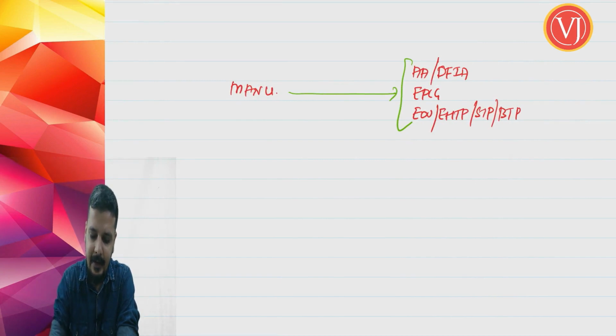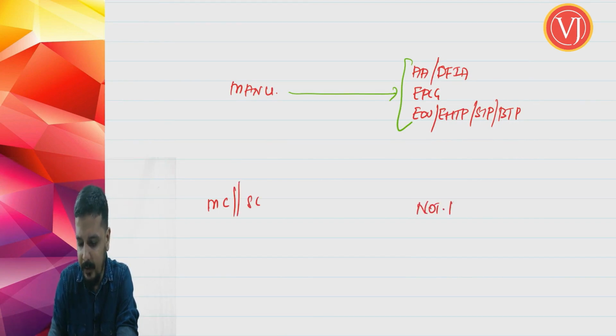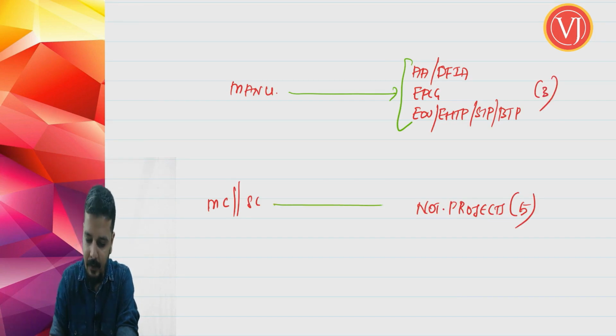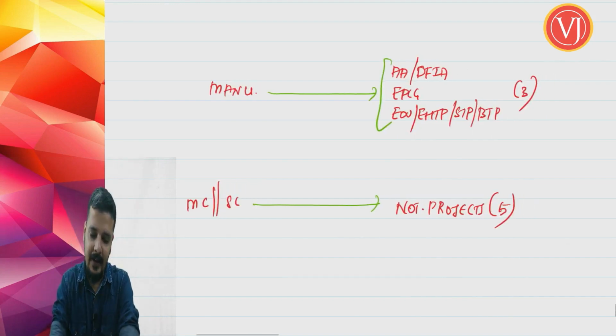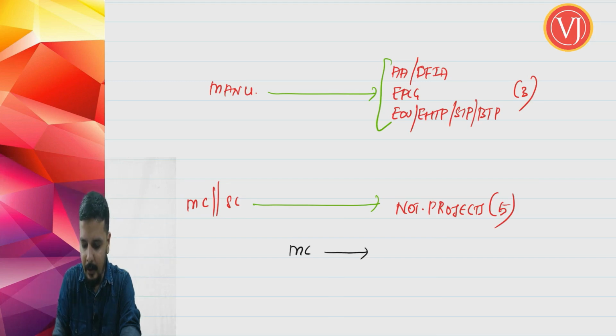The second category, friends, is not the manufacturer but the main contractor or subcontractor supplying to 5 notified projects. We have discussed how many projects? 5 notified projects. In the second case, the supply can be by main contractor to project agency.